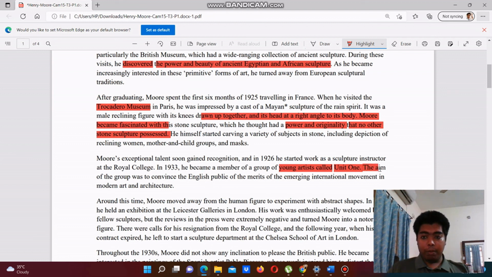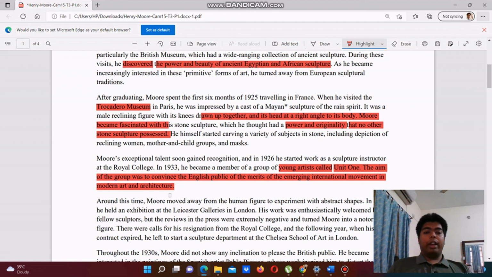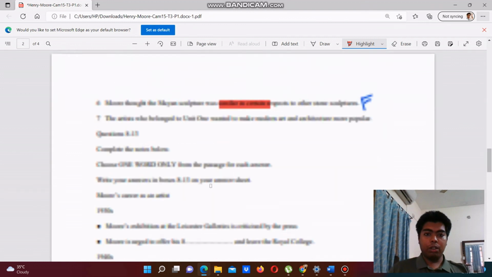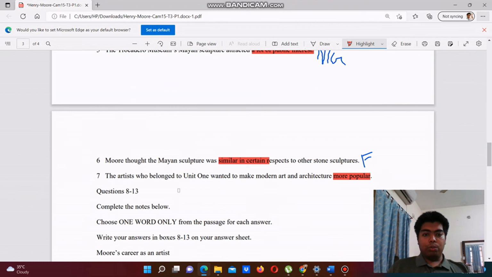The aim, the goal of the group, meaning the artists' goal, was to convince the English public of the merits of the emerging international movement in modern art and architecture. So they wanted to make it more popular. So basically, it will be true, because the artists who belonged to Unit 1 wanted to make it popular.